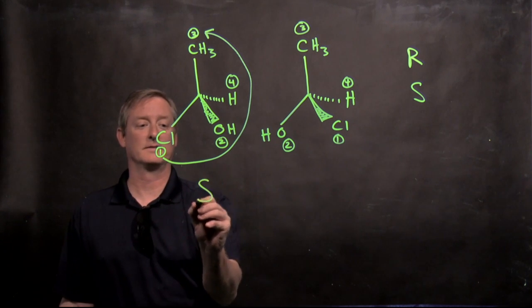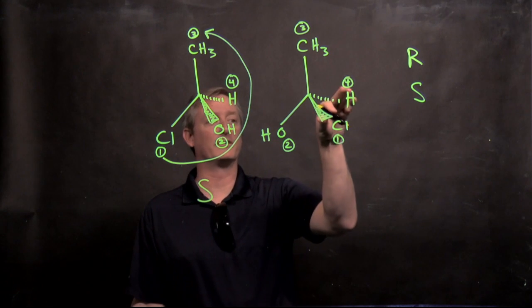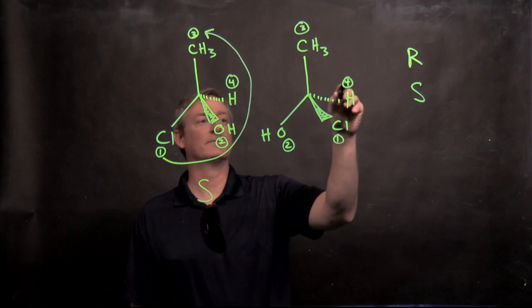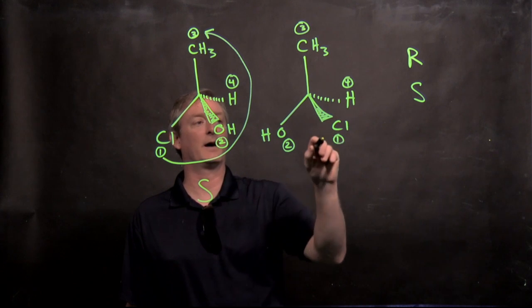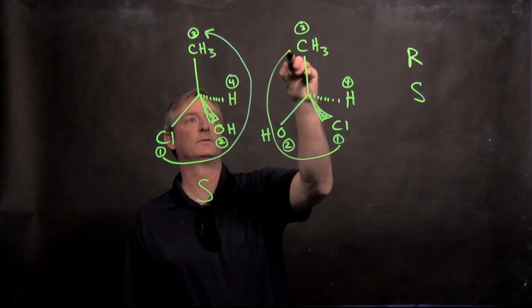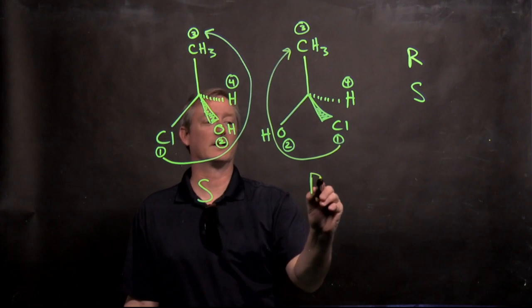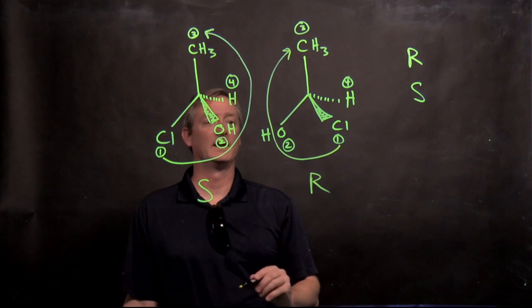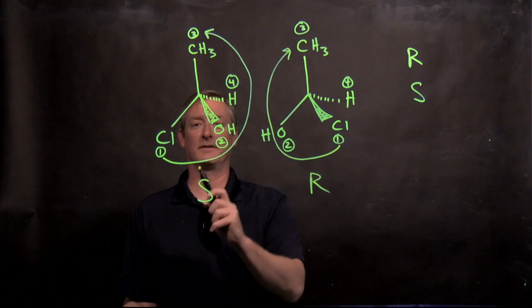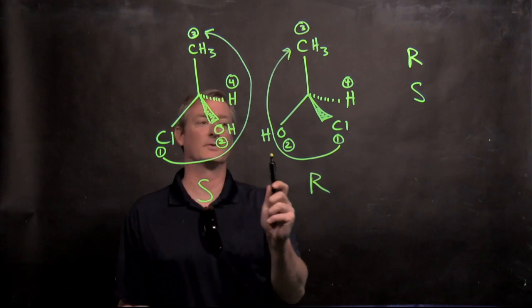Counterclockwise is S. Here, again, I have the 4th substituent pointing away from me, so I've drawn this in a convenient way so that it's on the opposite side of the molecule. If I go from 1 to 2 to 3, it looks like a clockwise rotation, and so clockwise is R. That's how we look at the right-handed and left-handed versions of the molecule and how we designate them as either the S version or the R version.